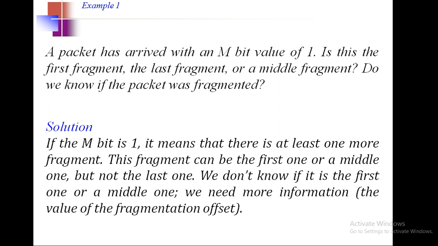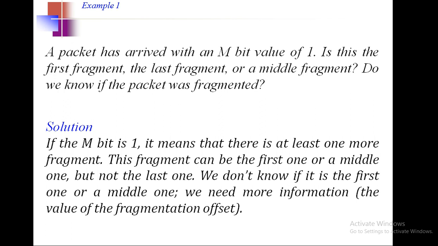Let us see example number 1. The packet has arrived with m bit equal to 1. Is this the first fragment, last fragment or middle fragment? Do we know if the packet was fragmented? If m bit is equal to 1, it means that it is not the last one, correct? Because m is equal to 1, it means further fragmentation has been done and you have to wait for other fragments.